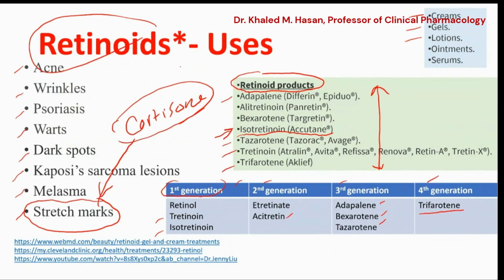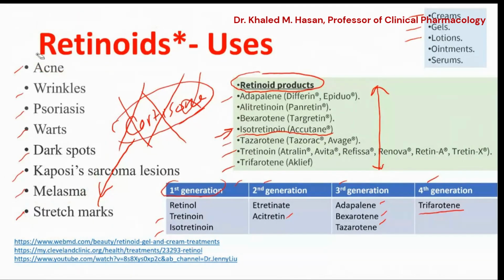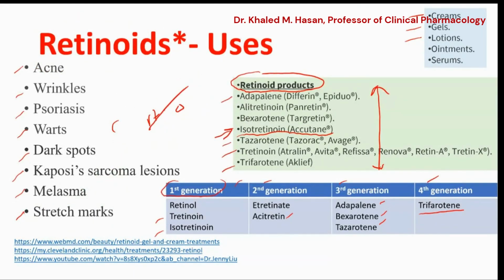So it's not allowed to prescribe cortisone to patients with stretch marks. But can we use something? Yes, they said retinoid will be a possible solution for the patient. Please remember all these possible clinical uses for retinoids.